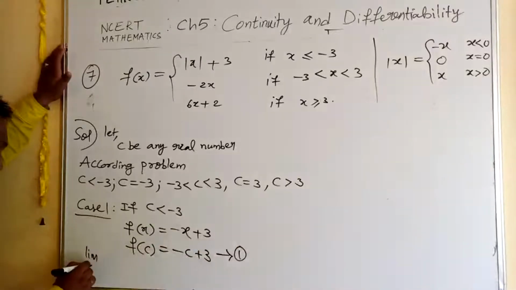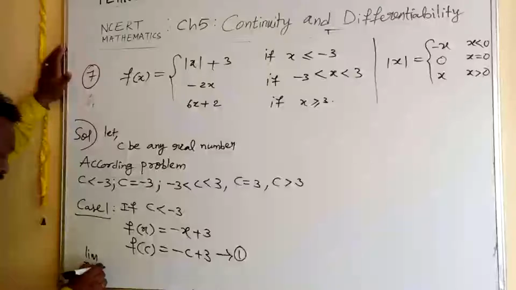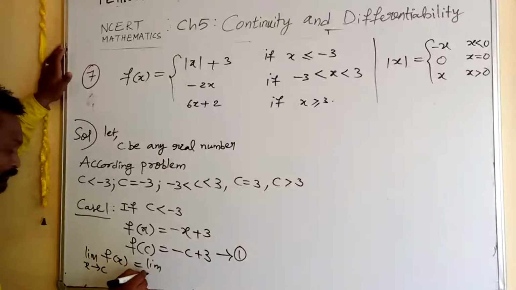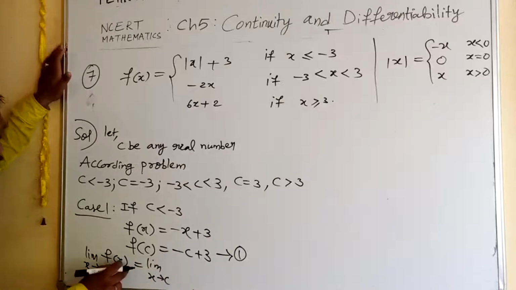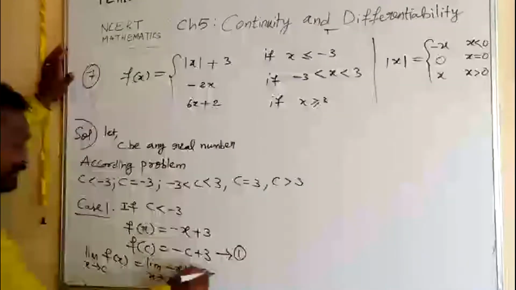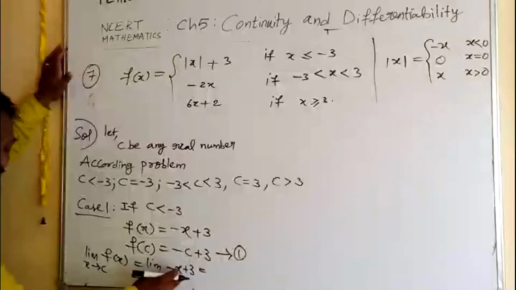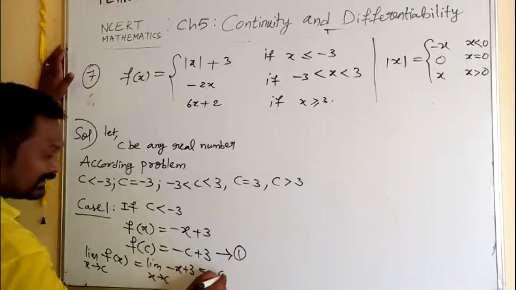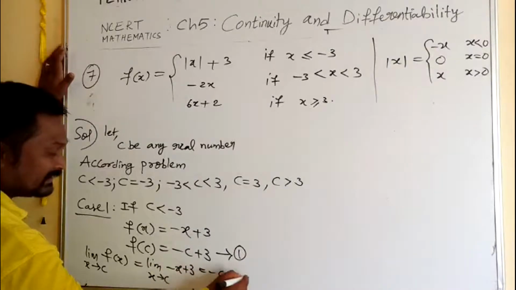Then limit x tends to c of f of x. What is your f of x? You know that it is minus x plus 3. When you remove the limit, wherever x is there, substitute c. So we write minus c plus 3, equation number 2.